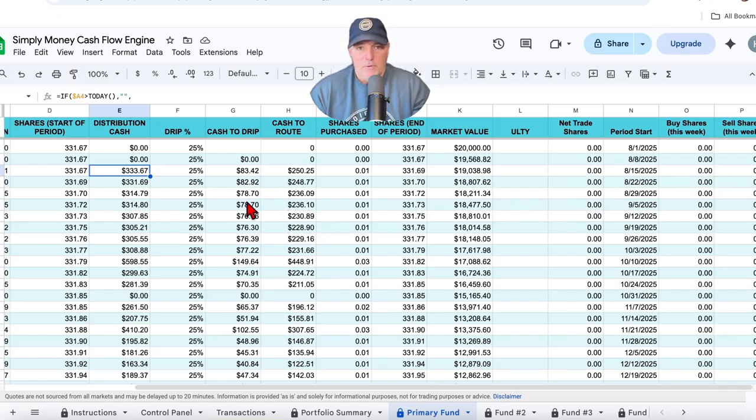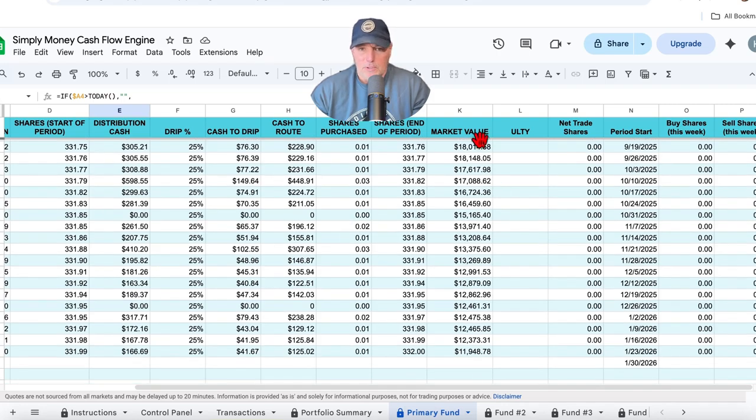So you have your reinvestment and net shares, and that carries over to your starting shares in column D for the next period. As we come down, I just want to show you what Alti's done. You can see that your $20,000 is now down to just under $12,000, and your distributions are getting smaller because you're having a smaller amount being distributed as that share price drops.